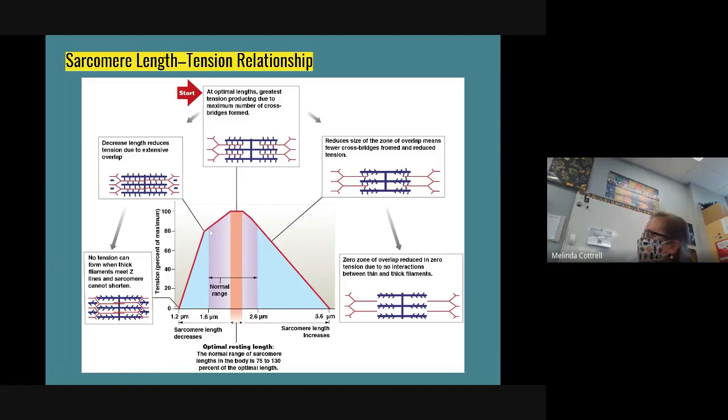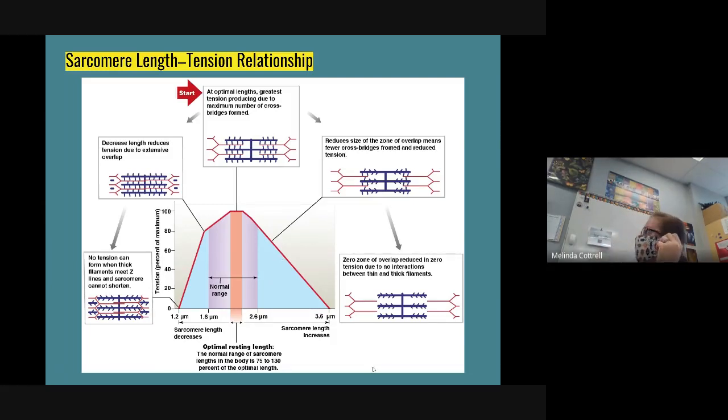Then if you continue down the left side, you'll see no tension, and these things cannot shorten any longer because of the Z lines. So your tension is 0. That's when you overshoot the shortening.